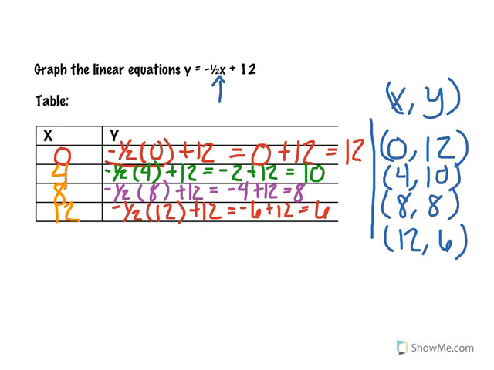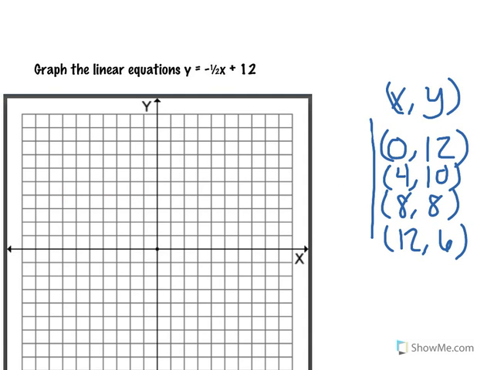Now we're going to transfer our ordered pairs onto a graph. Okay, I'm going to kind of adjust my graph here. I'm going to move my axis over a little bit. Give myself a little more room because this was a 10 by 10 graph. And we have a spot that's 12, so I'm going to move it over.